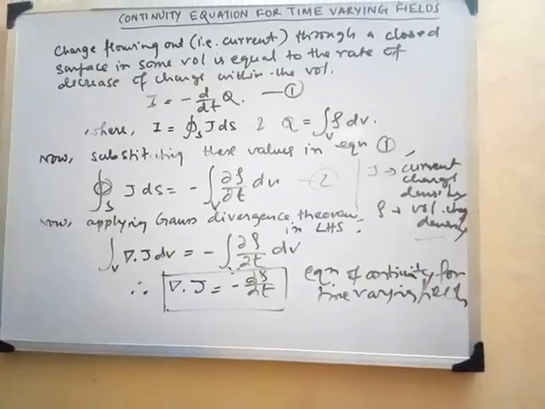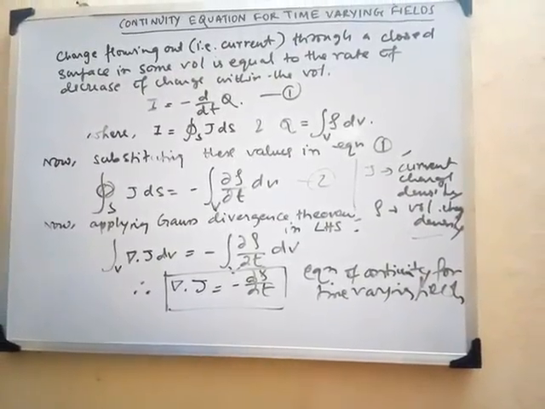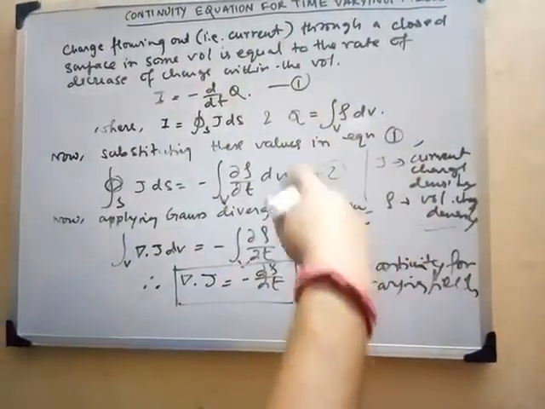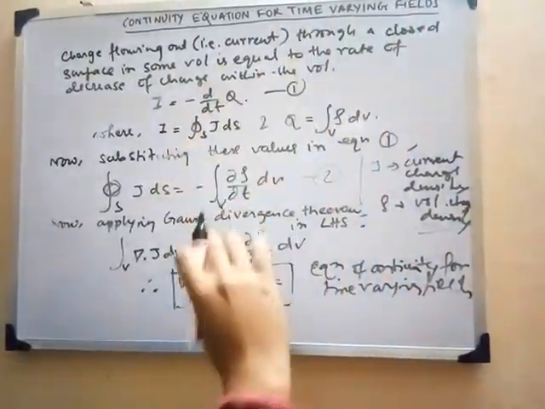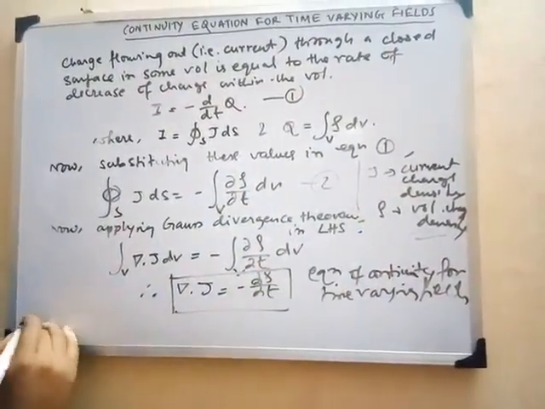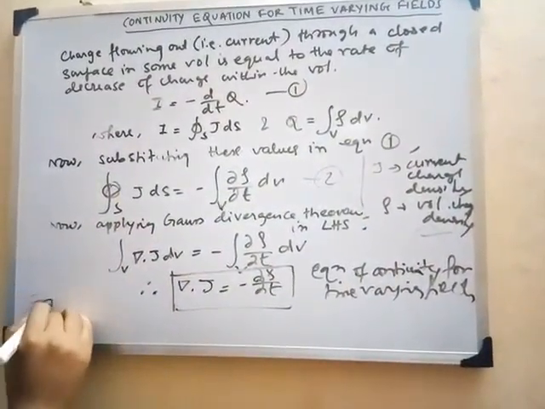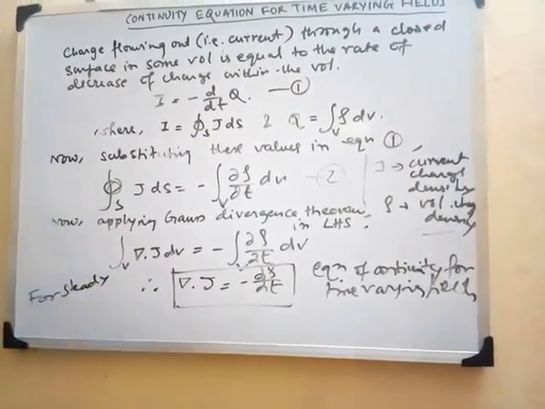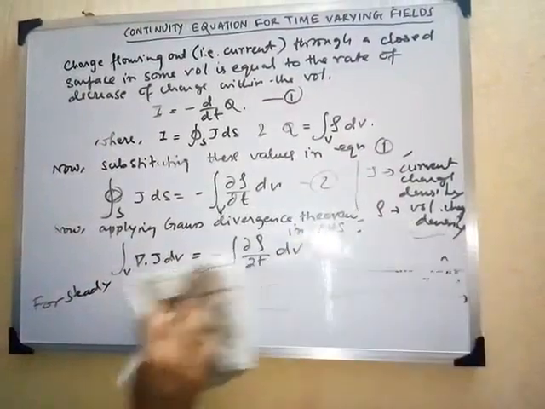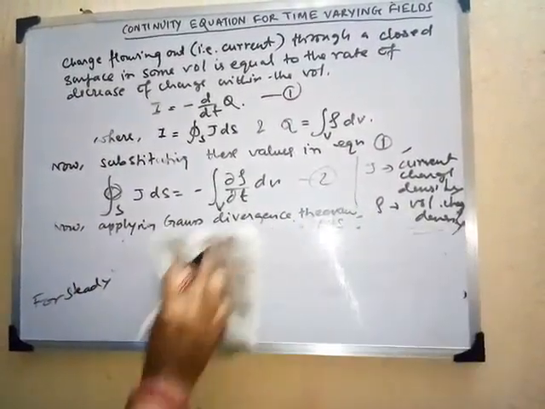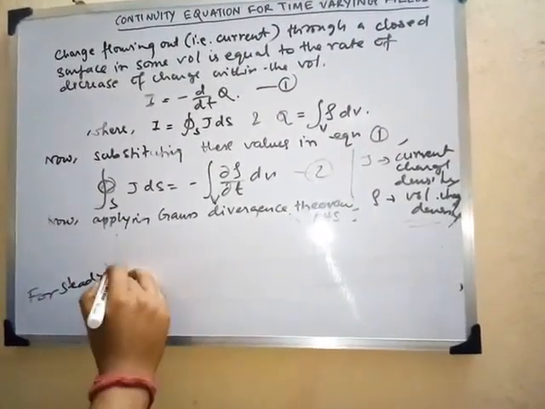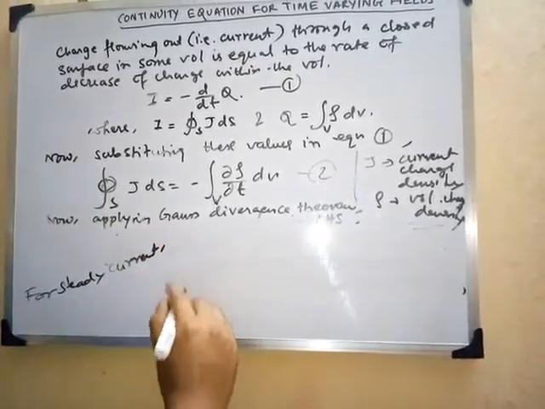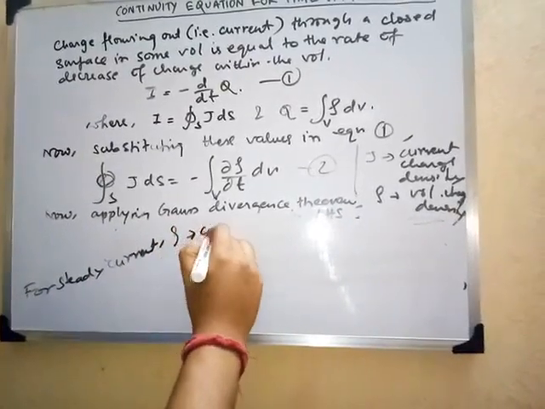But in some cases there might be no charge present. In that case, for steady current, that means current which is not changing with respect to time, a static current, we can say that rho is constant.